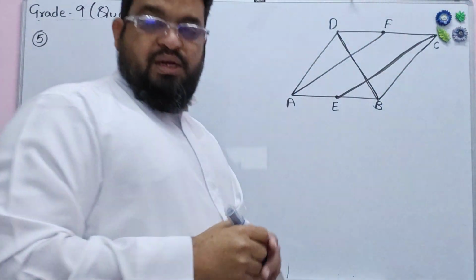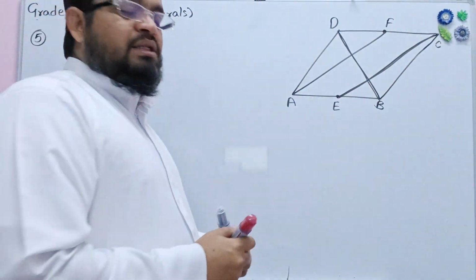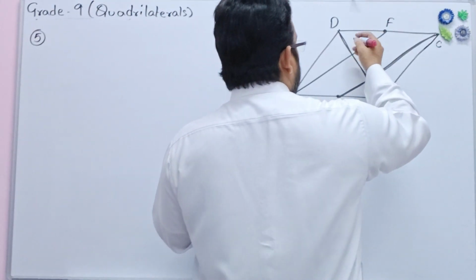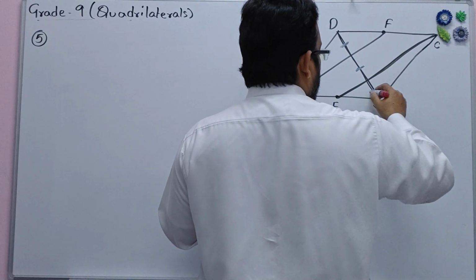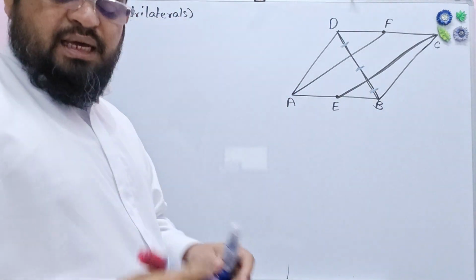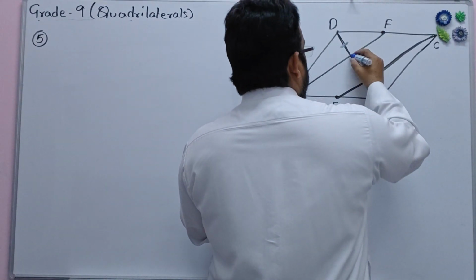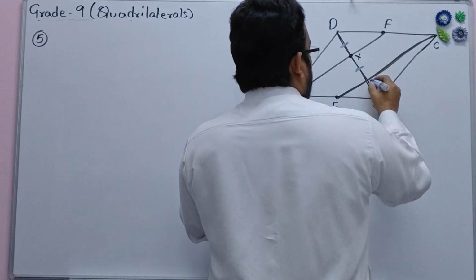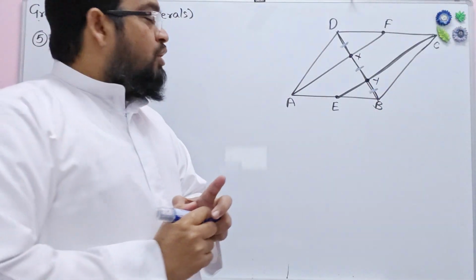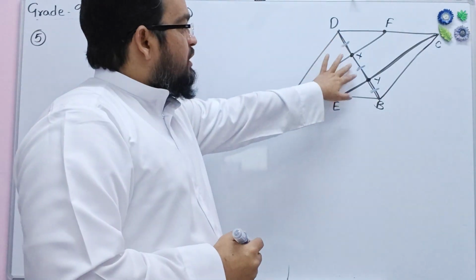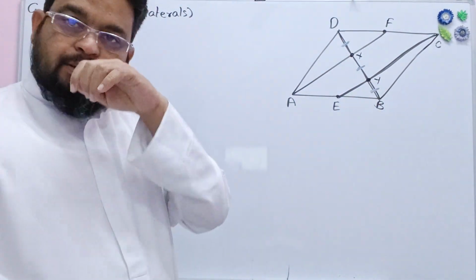So what is the meaning of bisect? Dividing it into two equal parts. So trisect means dividing it into three equal parts. That means these three parts should be equal. So let us say that the point where it is intersecting is this point, let us take it as X, and this point let me take it as Y. So what you have to show is that DX is equal to XY is equal to YB. Got it, my dear students?